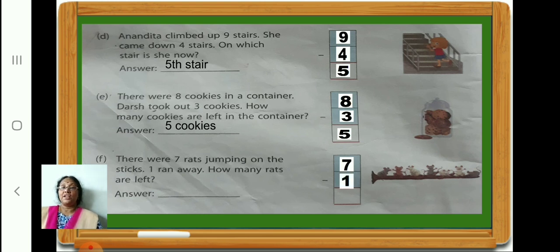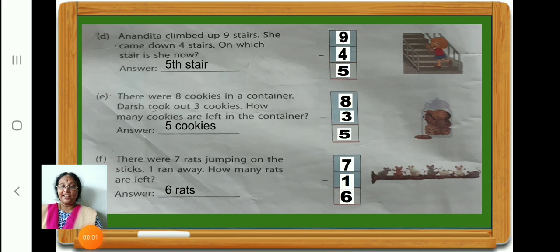Now, children, how many rats are left? We have to find out how many rats are left. 7 minus 1 is 6. Children, now 6 rats are left on the stick. So let us write the answer, 6 rats. Children, did you all finish writing?